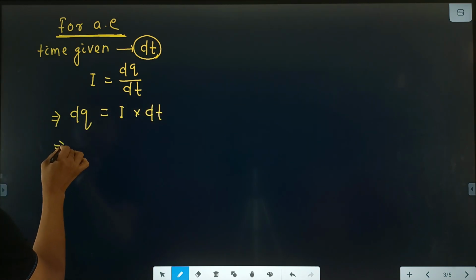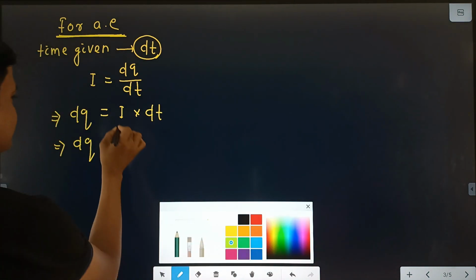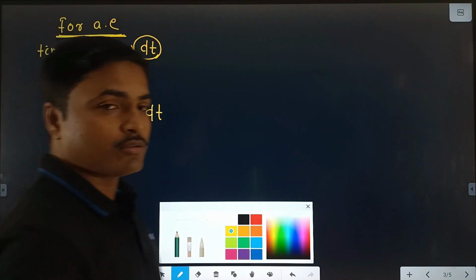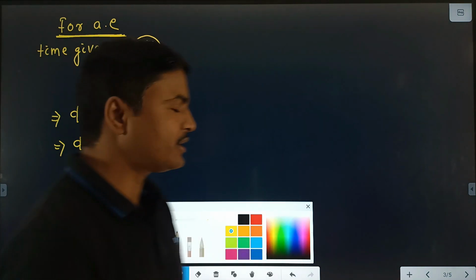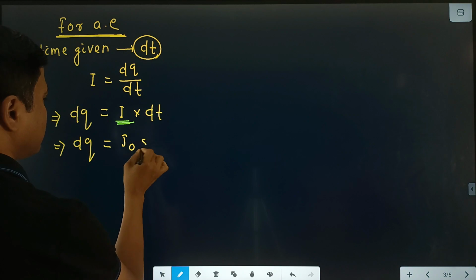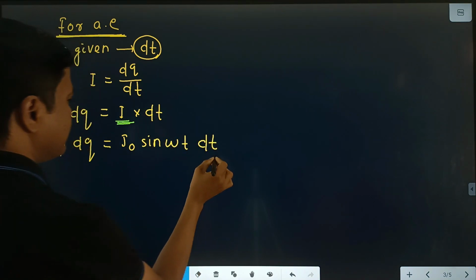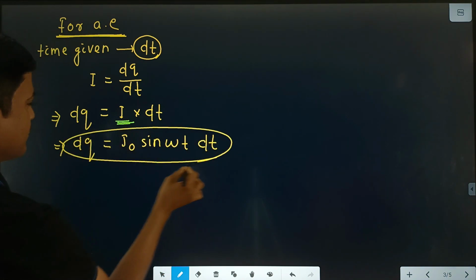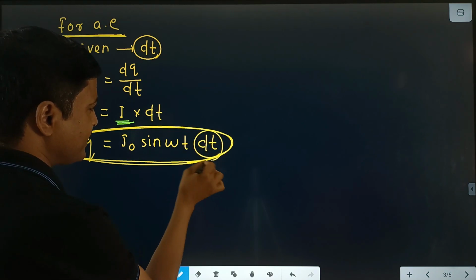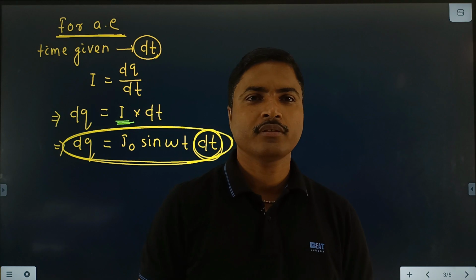That implies dq is equal to I dt, where this I is known as the instantaneous alternating current, and you know the equation of the alternating current: in place of I we write I0 sin omega t dt. This is the expression for the charge flowing through a circuit in a very small time dt, if alternating current is there.